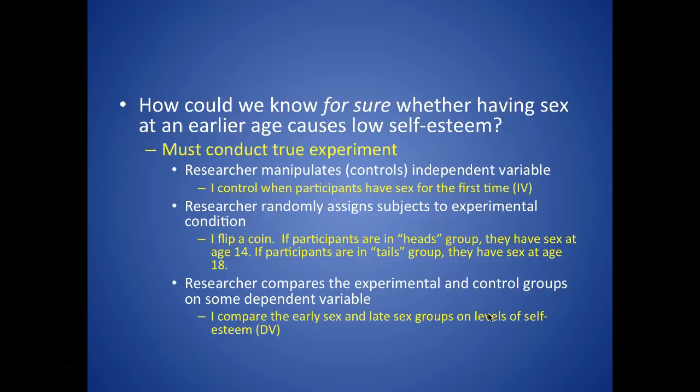The experimental group would be the kids who maybe are going to have early sex, and you'd tell everybody in that group, have sex when you're 14, and the other group you would tell, don't have sex until 18, and then you'd check to see if there was higher self-esteem in one group versus the other. Obviously, you can't do that. You can't control that.